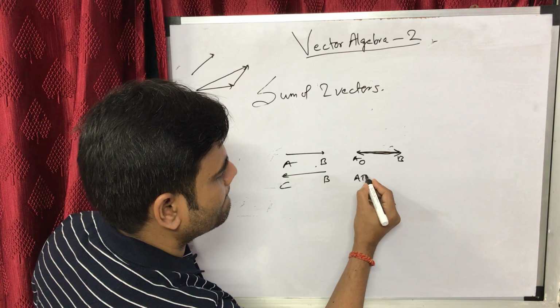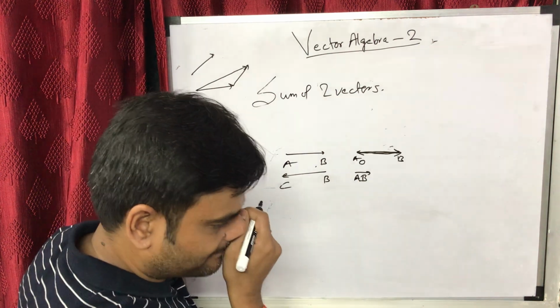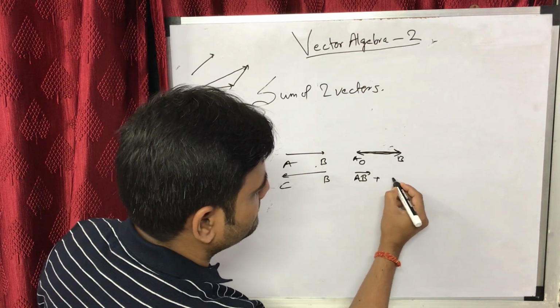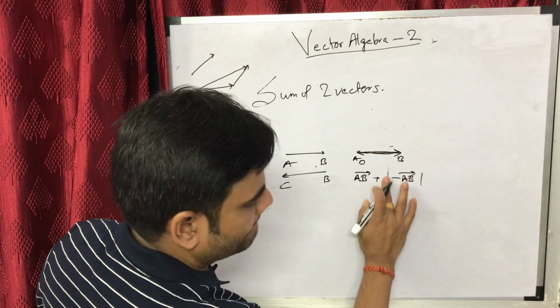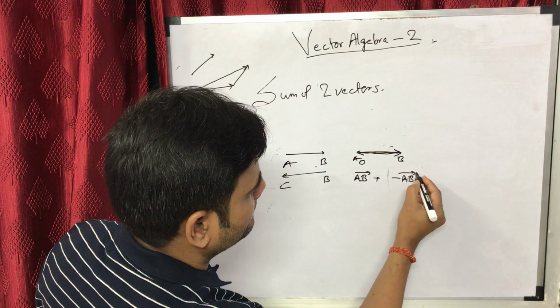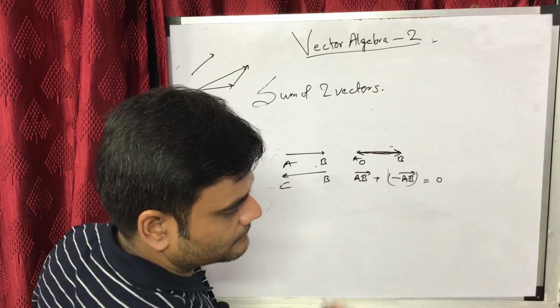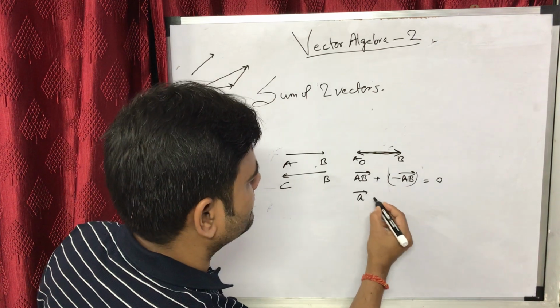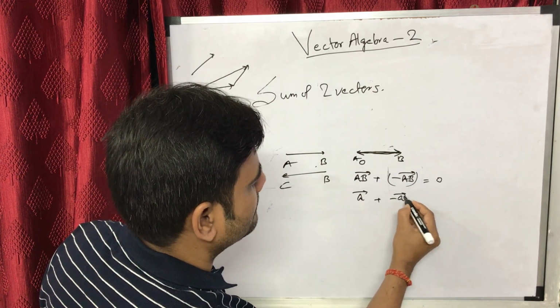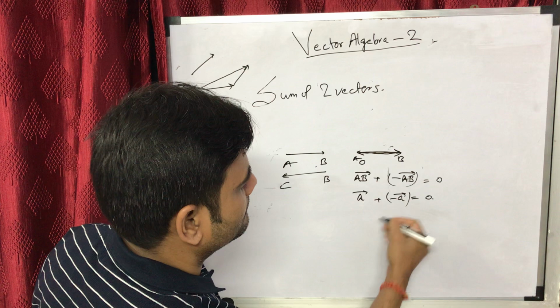So AB plus negative of AB equals 0, or you can write it like this also: a vector plus negative of this vector equals 0.